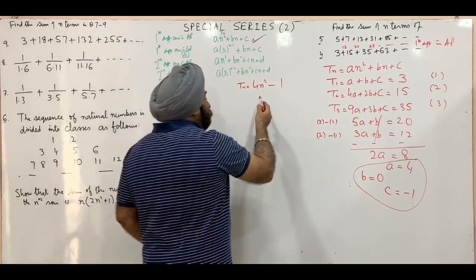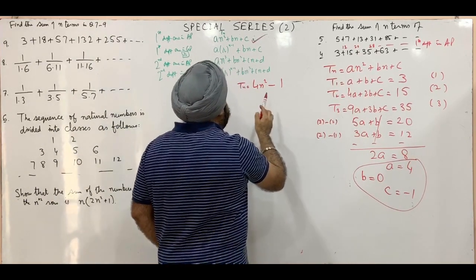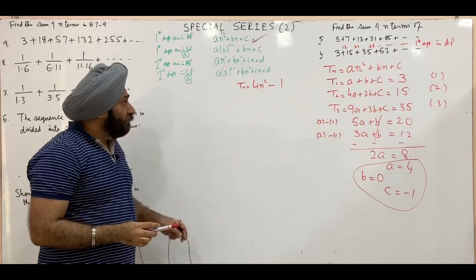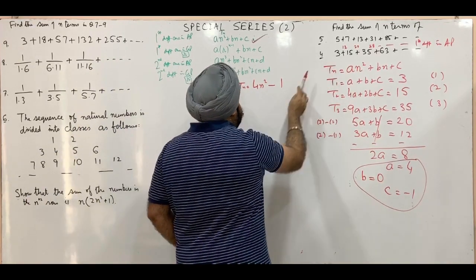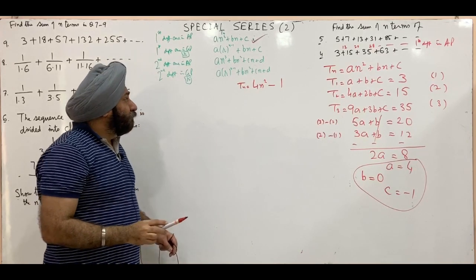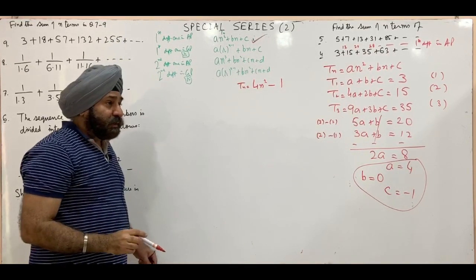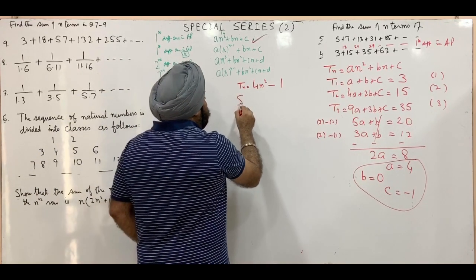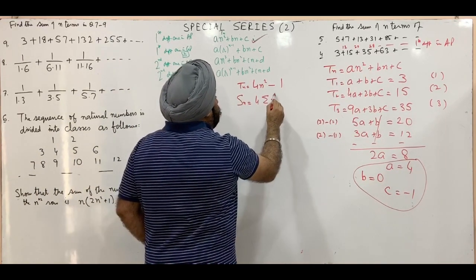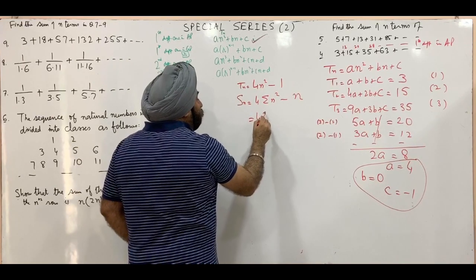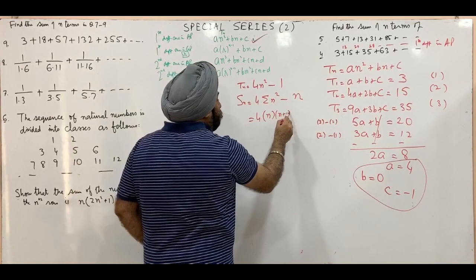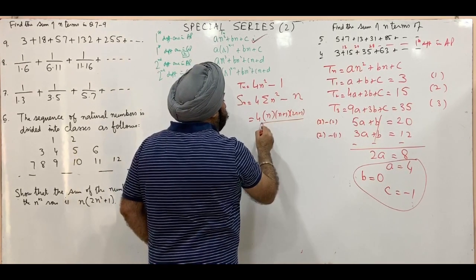We can check our answer up to this. When n is 1, we will get first term as 3. When n is 2, 2 square 4 into 4, 16 minus 1, this is 15. So this checks our answer. We have to find sum of n terms, and this is 4 into n plus 1 into 2n plus 1 upon 6.